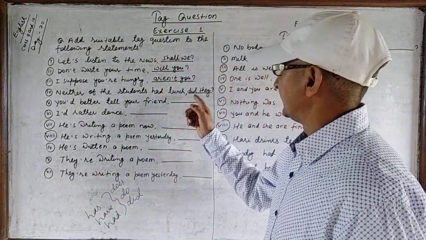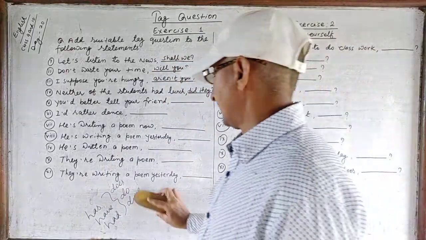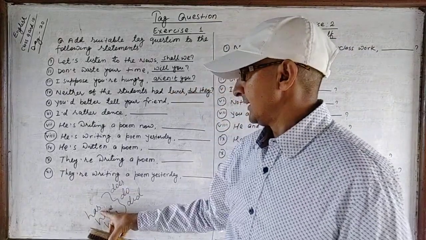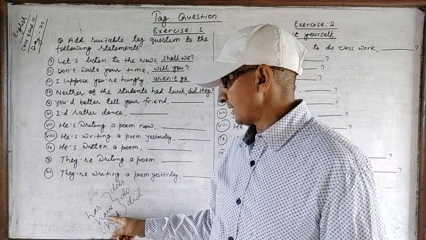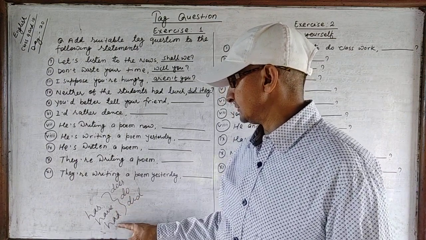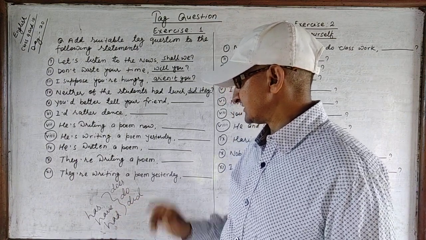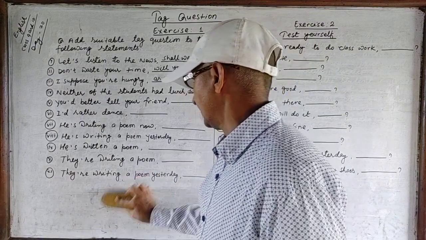So the tag is did they. If there is has as a main verb, we use does. If have is used as a main verb, we use do. If had is used as a main verb, we use did while making the tag.